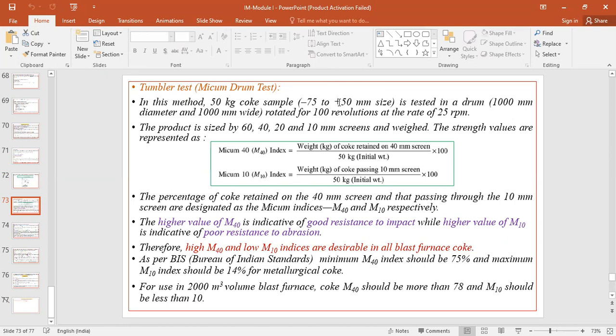and we need to do the sieving, and collect the coke samples having size range greater than 50 and less than 75 mm.